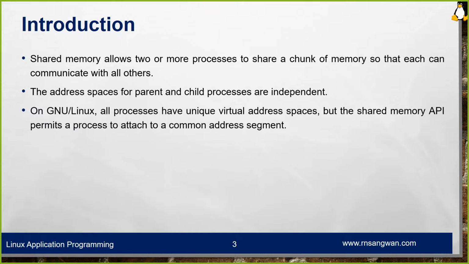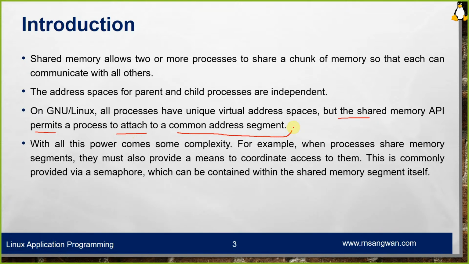On GNU Linux, all processes have unique virtual address spaces, but the shared memory API permits a process to attach to a common address segment. With all this power comes some complexity.